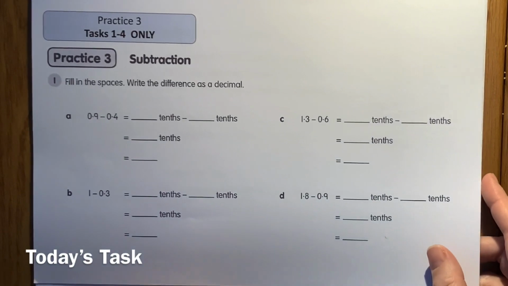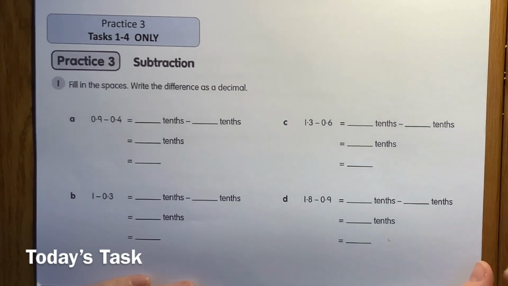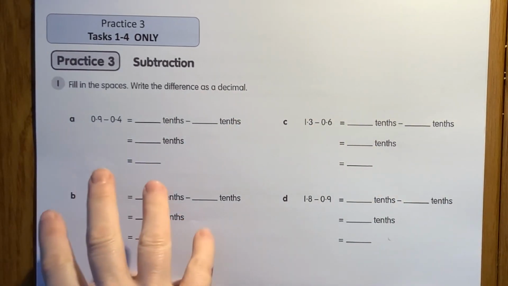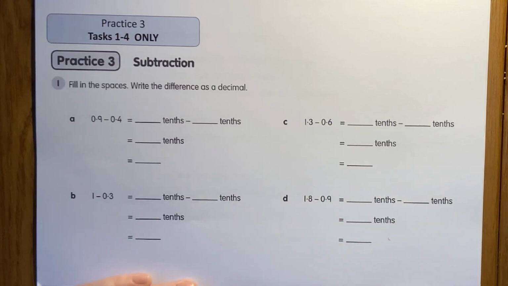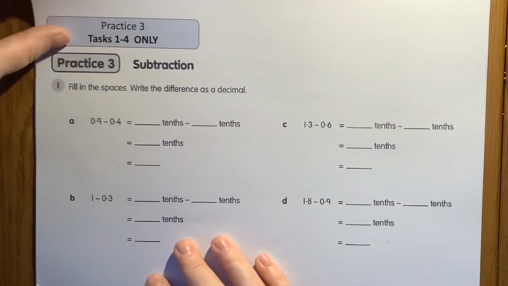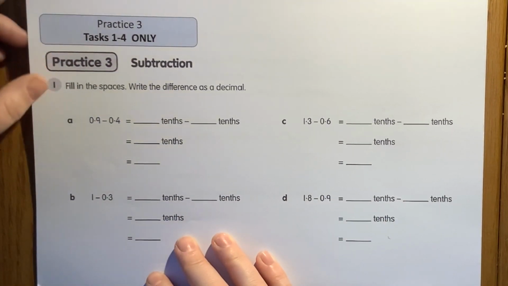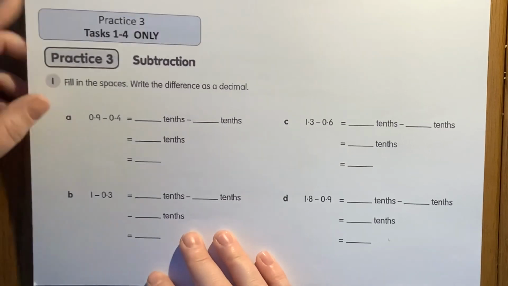What I'd like you to do, you've got practice 3, the first half of practice 3 today. So the first one is writing the subtraction as sentences. So thinking about how you would say the calculation, not actually how you would necessarily write it down.